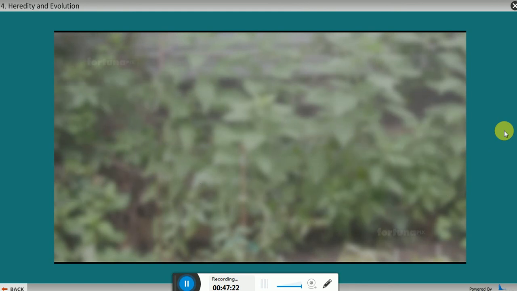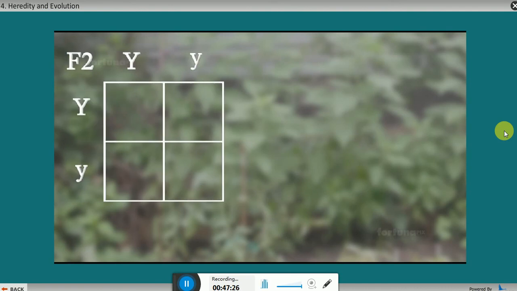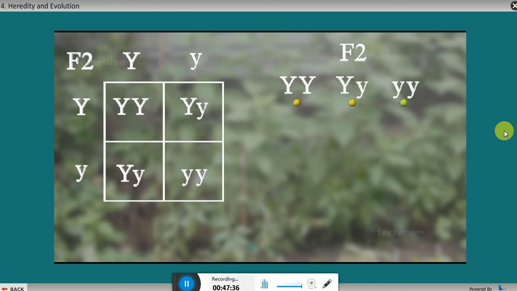Now let's look at the F2 generation using the Punnett square and observe the changes that occur. The square reveals that the F2 generation actually yields three kinds of plants, unlike F1 which only had the one type.